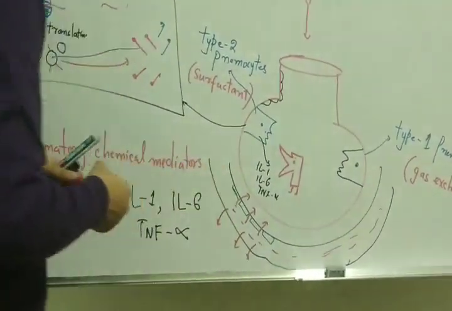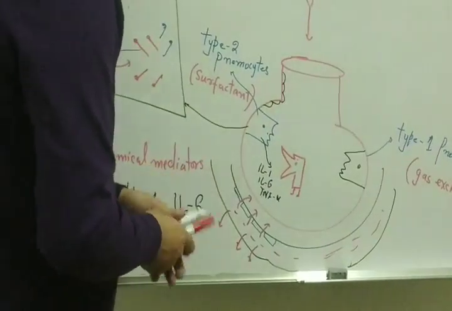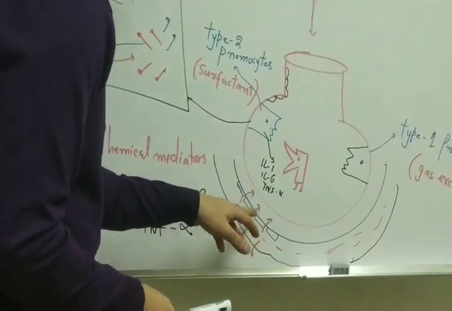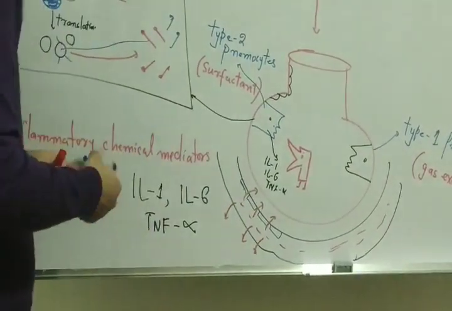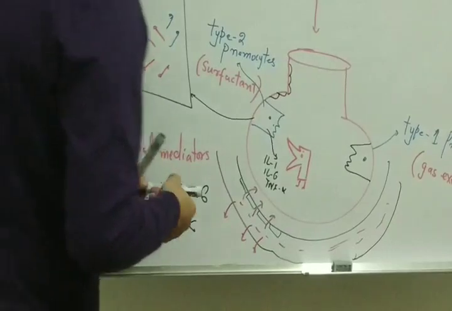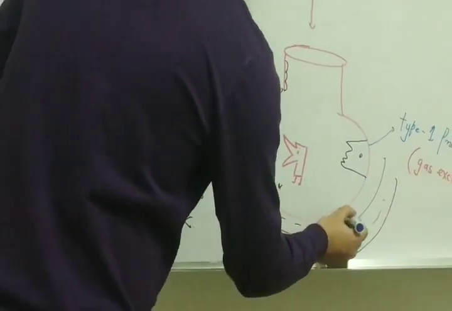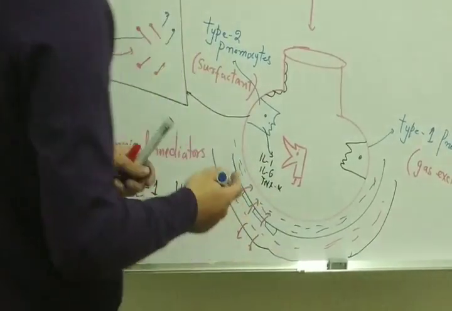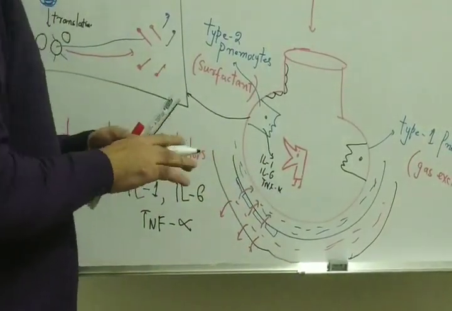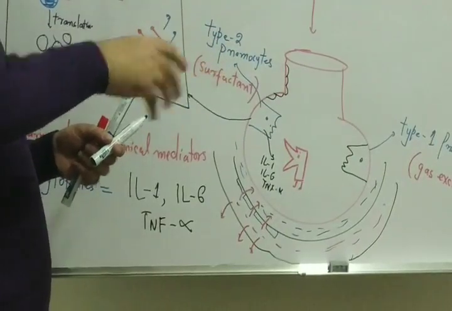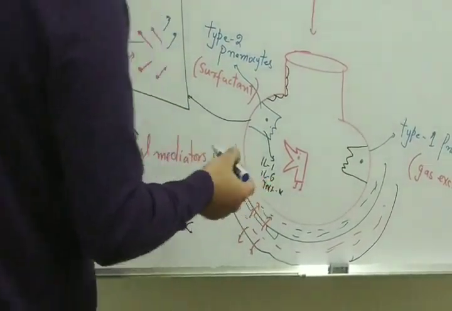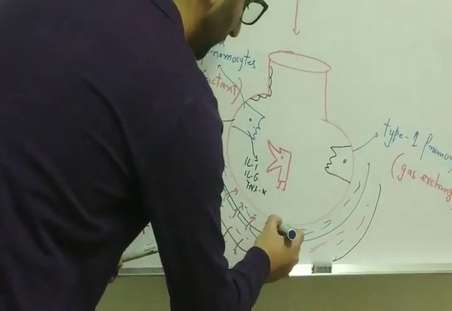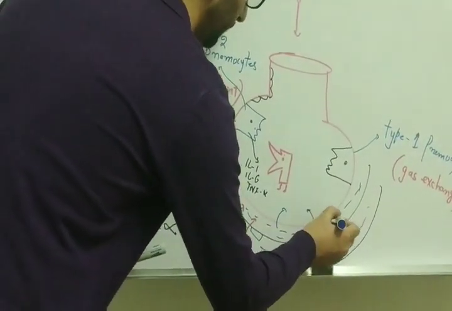When the permeability is increased and endothelial gaps take place, the fluid remains here. When fluid remains here, there is difficulty for the alveoli to expand. So some fluid goes into this alveoli. I will make it here. So some fluid goes in this.